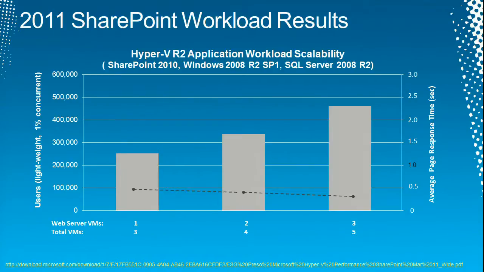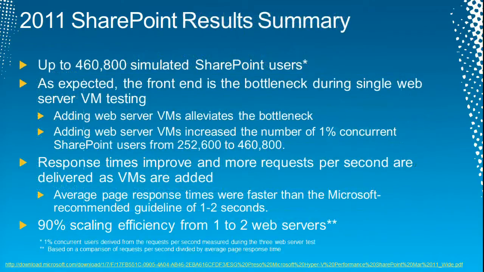And remember, these web servers, these web front ends, are 2 virtual procs and 4 gig of RAM. So they're not mind-blowingly massive. Okay? They're realistic. So in terms of the summary of the report they performed, it was over 460,000 simulated users, but that was 1% concurrent, derived from those lightweight users.